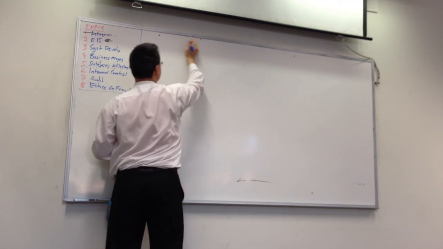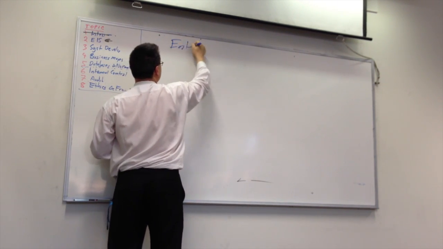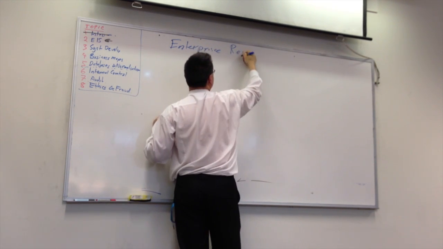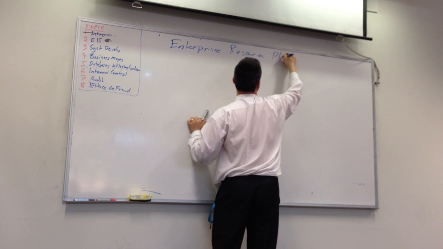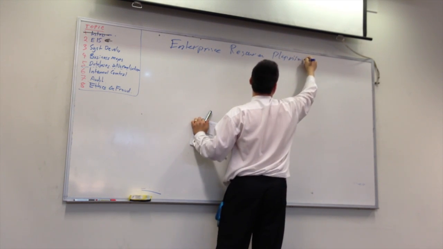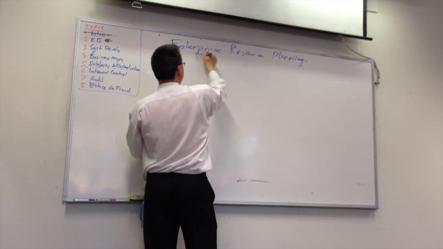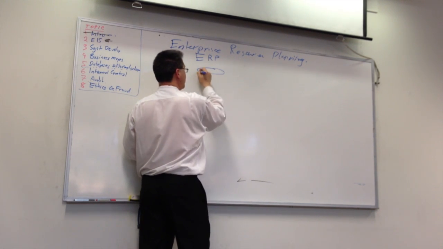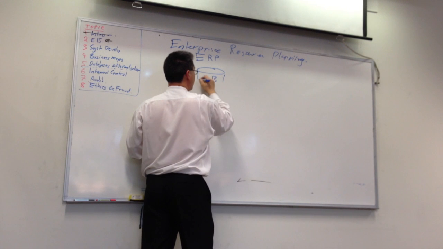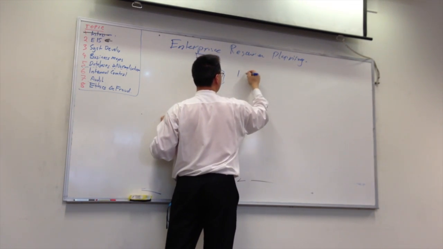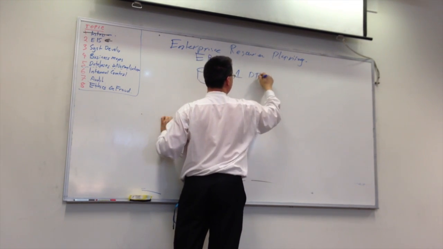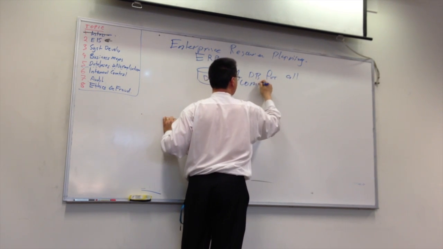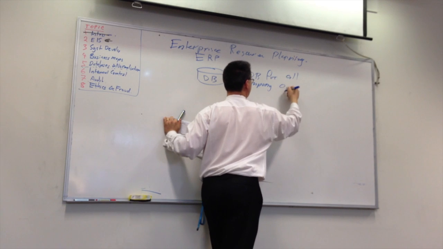Okay, so there is something called Enterprise Resource Planning. And the whole idea behind an ERP is that it's just one big database, one database for all company operations.